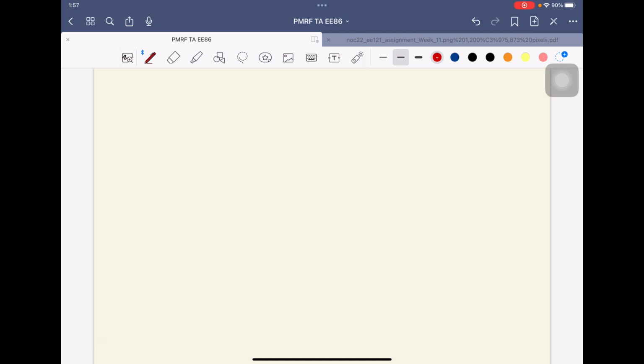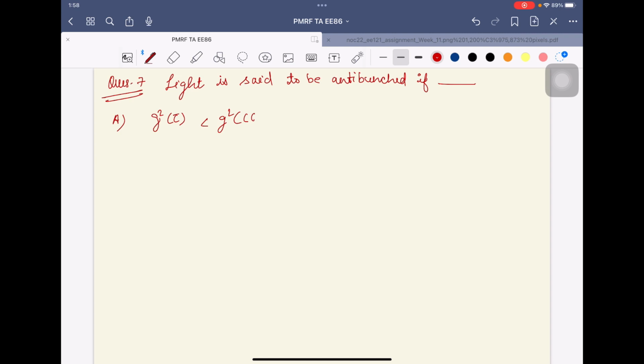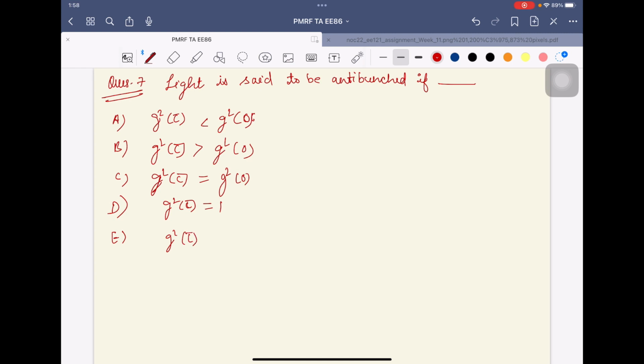So question number 7 is: this light is said to be anti-bunched if: option A is G2 tau is less than G2 0; B is G2 tau is greater than G2 0; C, G2 tau is equal to G2 0; D is G2 tau is equal to 1; and E is G2 tau is equal to 0.